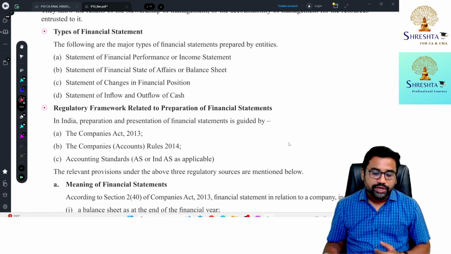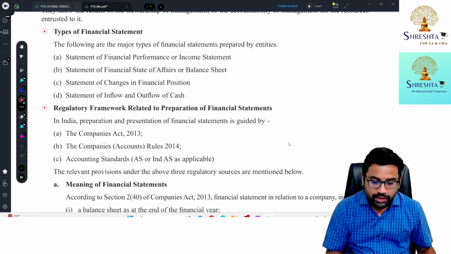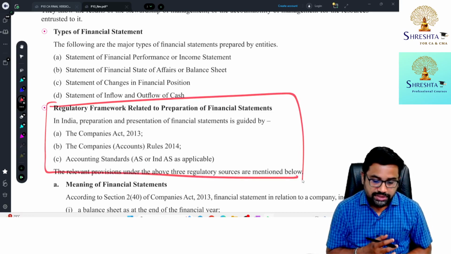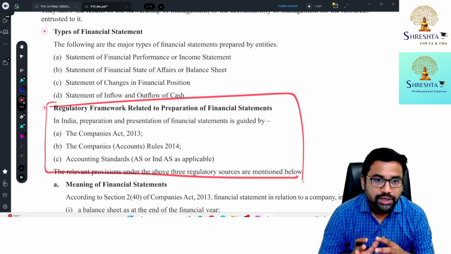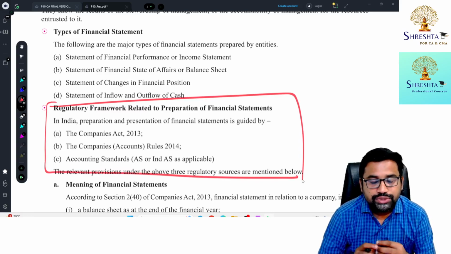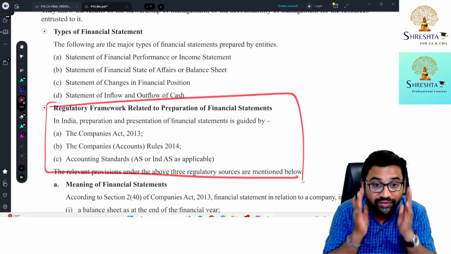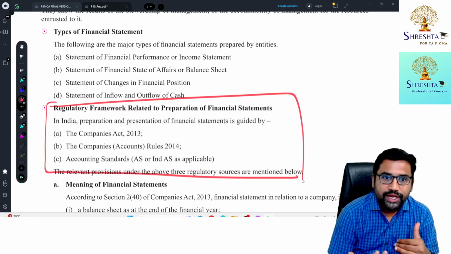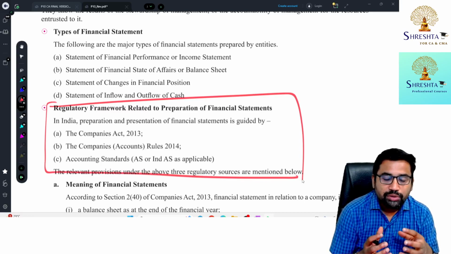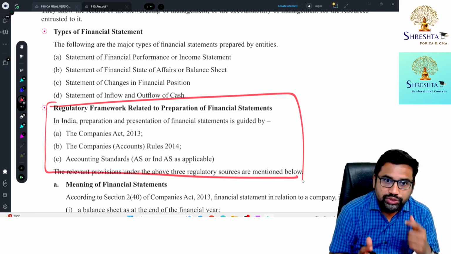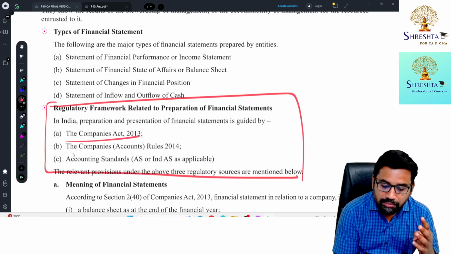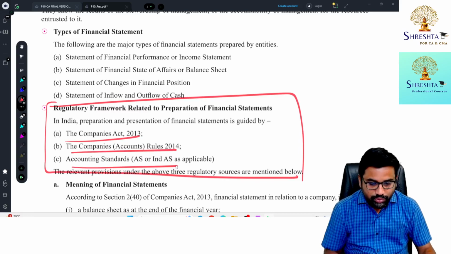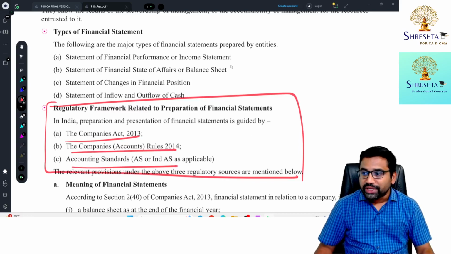Now one more important point, sir: the regulatory framework for preparation of financial statements. Sir, if you remember chapter number 1, I discussed the regulatory framework for companies in respect of shares. I told 3 things. If you are a company, you are bound to follow 3 things: the Companies Act, company accounting rules and accounting standards. So what is the regulatory framework relating to preparation of financial statements?